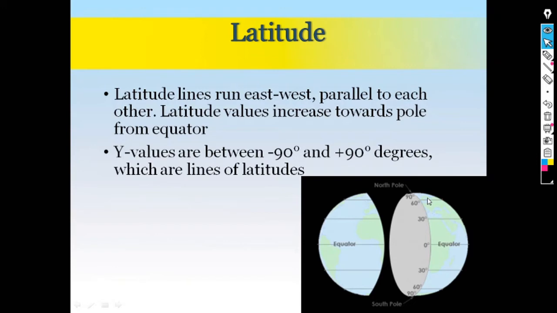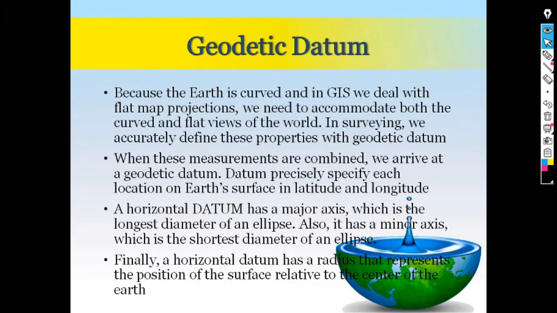Geodetic datum. Because the earth is curved and in GIS we deal with flat map projections, we need to accommodate both the curved and flat views of the world. As we understand, earth is not 2D, it is 3D. So when we plot it on a graph, we have to adjust that 3D structure onto 2D.